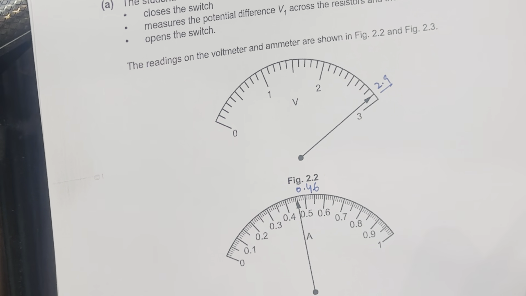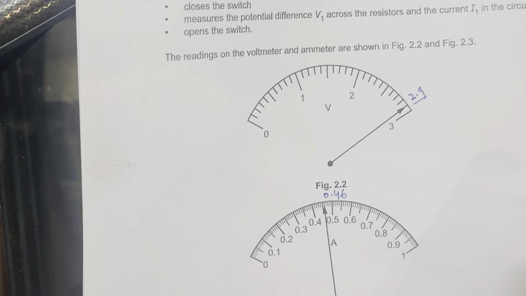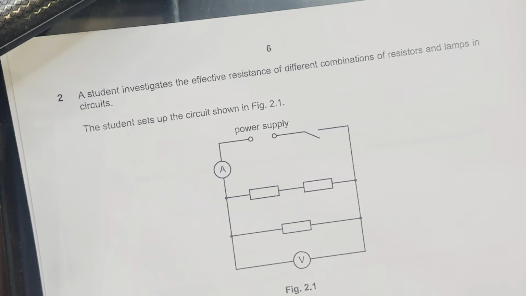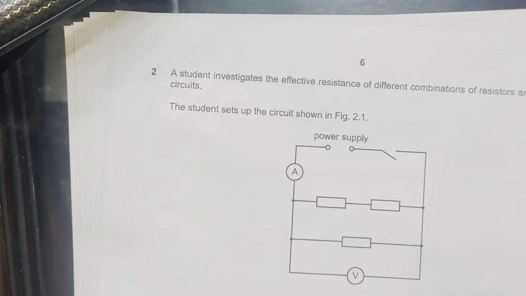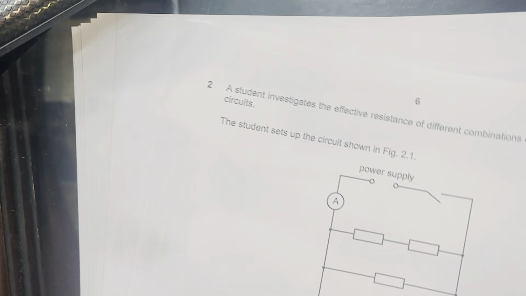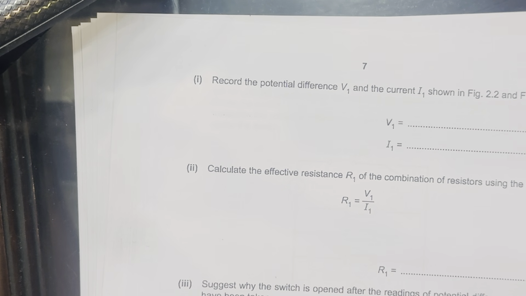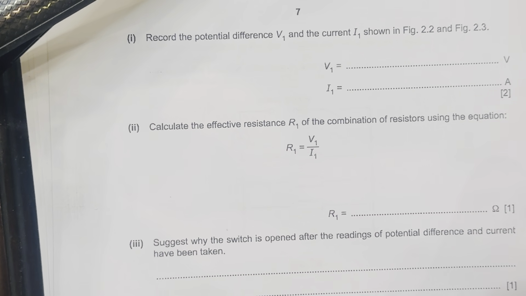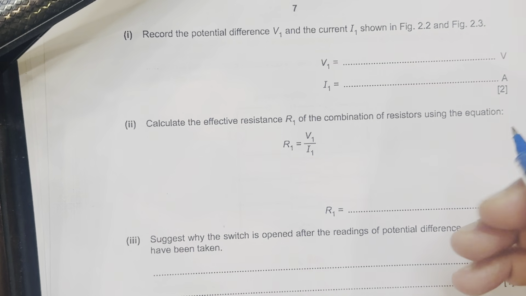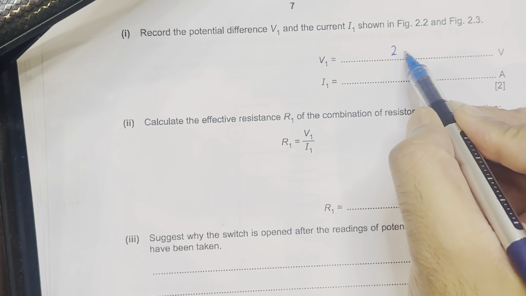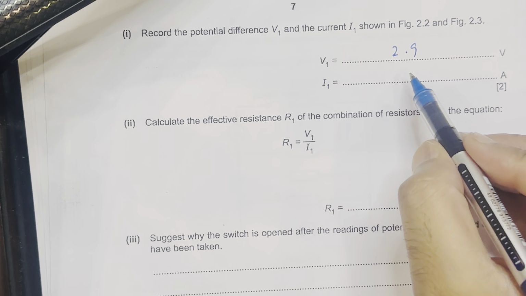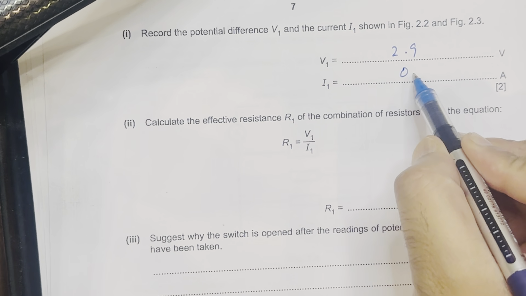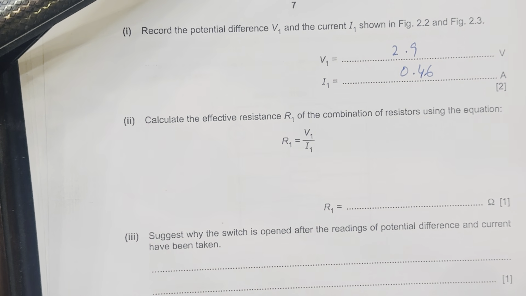So this is the reading of the ammeter and this is the reading of the voltmeter. Now we're going to read the requirement for this part: record the potential difference V1 and the current I1 shown in the figure. We have already mentioned that V1 is equal to 2.9, and the current is equal to 0.46 ampere.